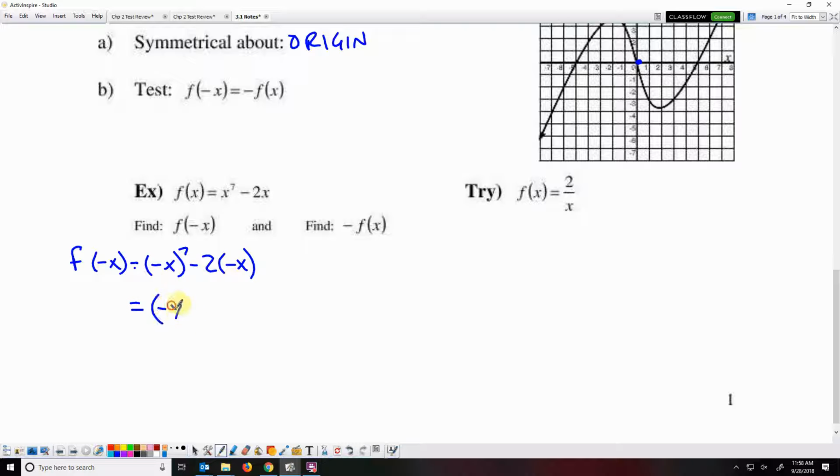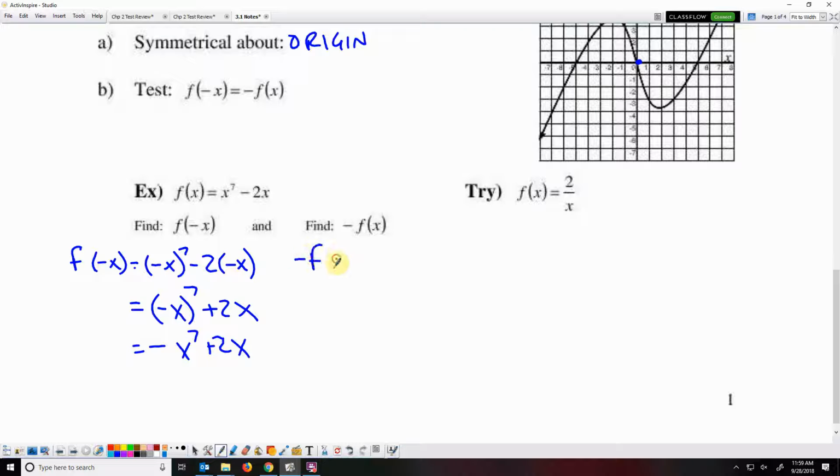So it's going to stay negative x to the 7th power. Let me finish this line and then we'll talk about that. So negative 2 times negative x is plus 2x. Negative x to the 7th power is exactly the same as the opposite of x to the 7th power. So that's as simplified as I can get.